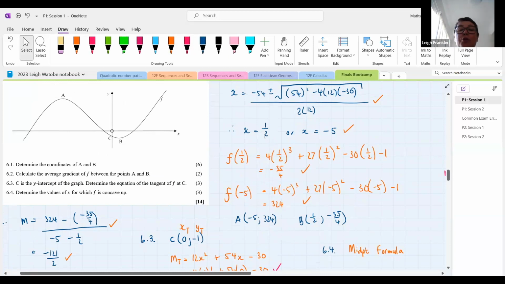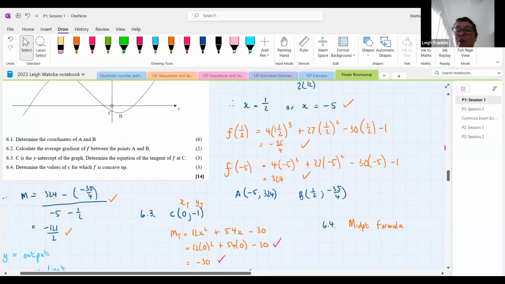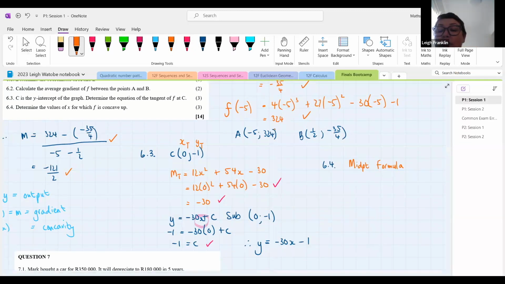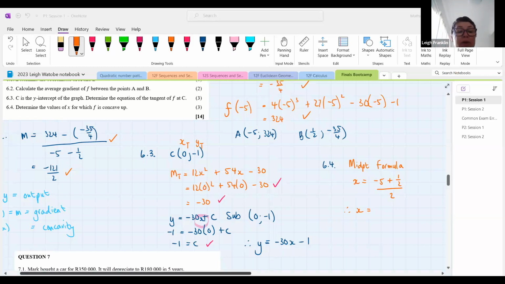So we know our turning points were at -5 and 1/2. So I can simply say x is equal to -5 plus 1/2, and then I can divide that by 2. All right, so that would give us a point of inflection at -9/4.